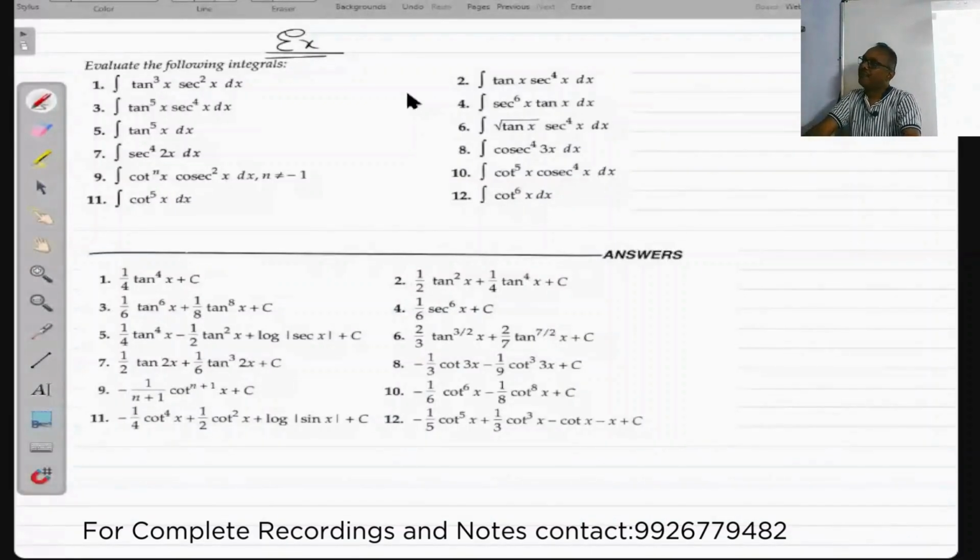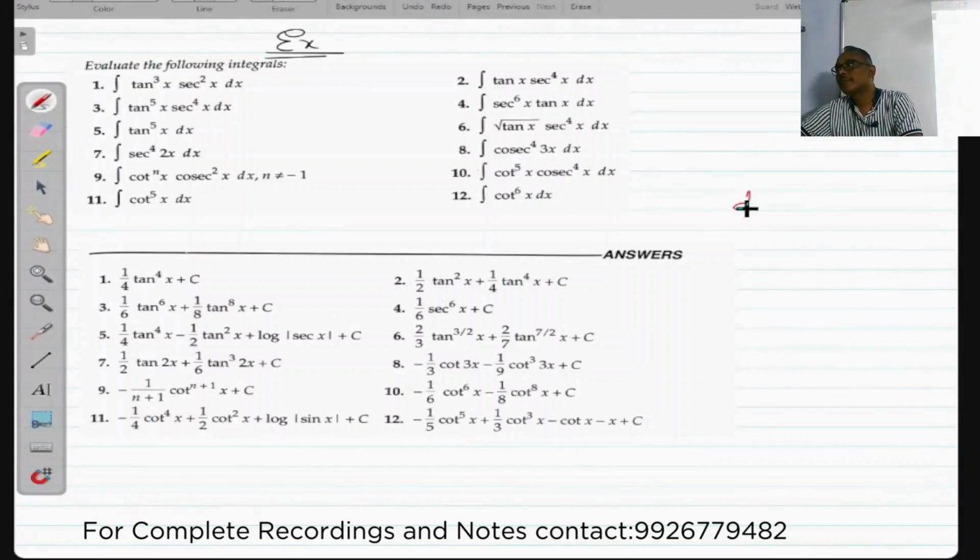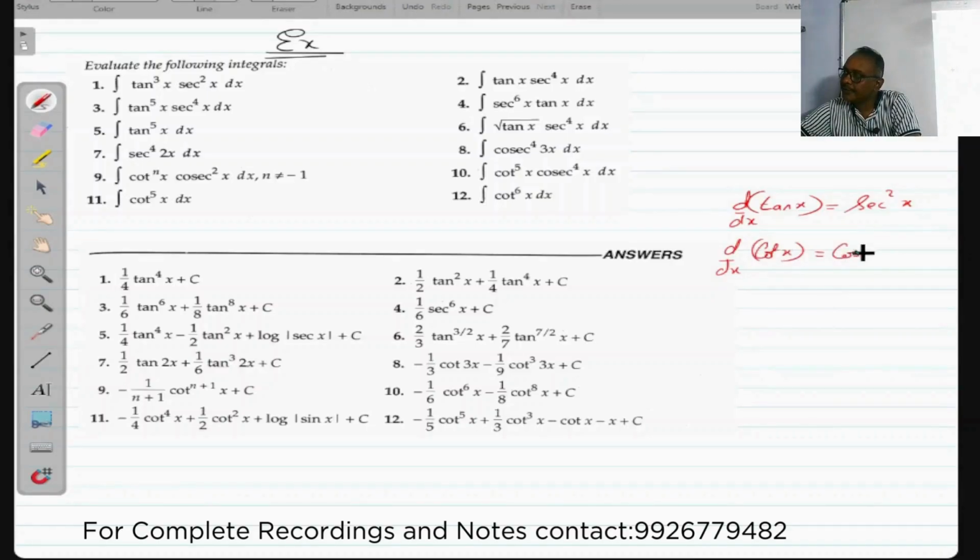So before I start with, can you tell me what is the differential of tan theta? Differential of tan theta, tan x, sec square x. What is the differential of cot x? Cosec square x. Now minus cosec square x.